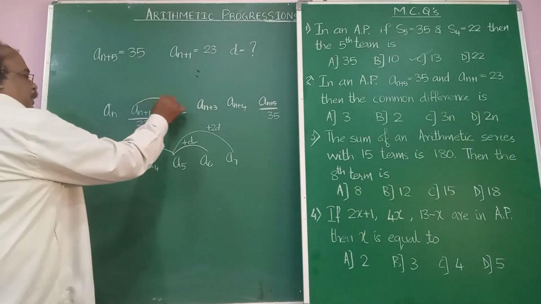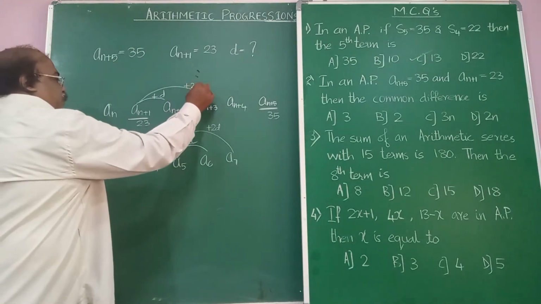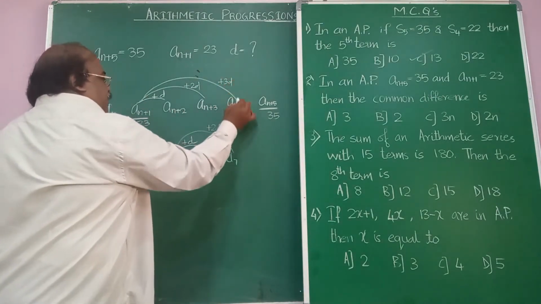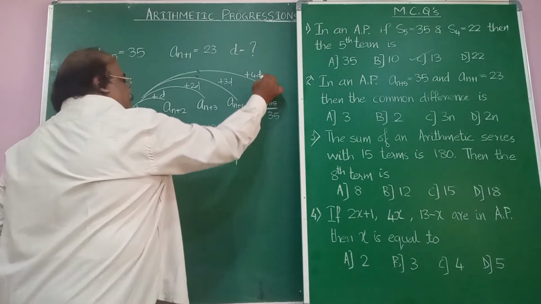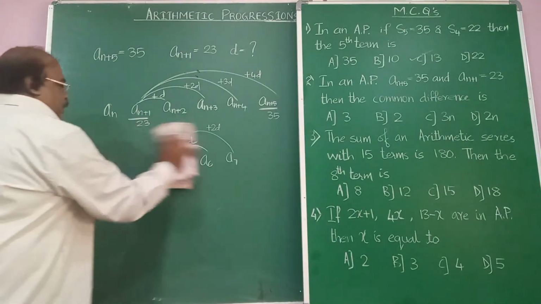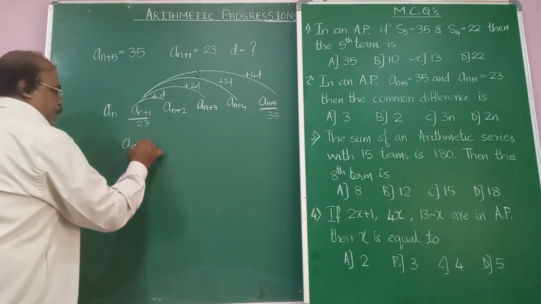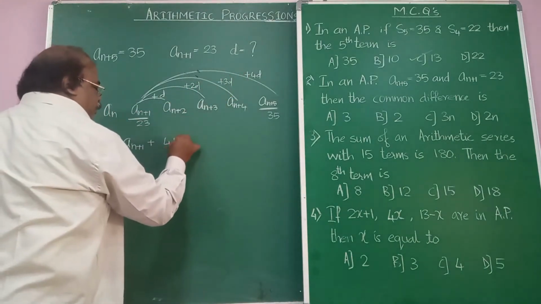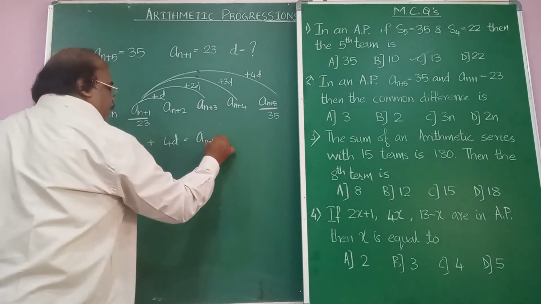So if I want the next term, I have to add d. If I want this term, add 2d. If I wanted this term, add 3d. If I add 4d, I will get a of n plus 5. So let me come to the conclusion. I know that a of n plus 1 when added to 4d will give you a of n plus 5.